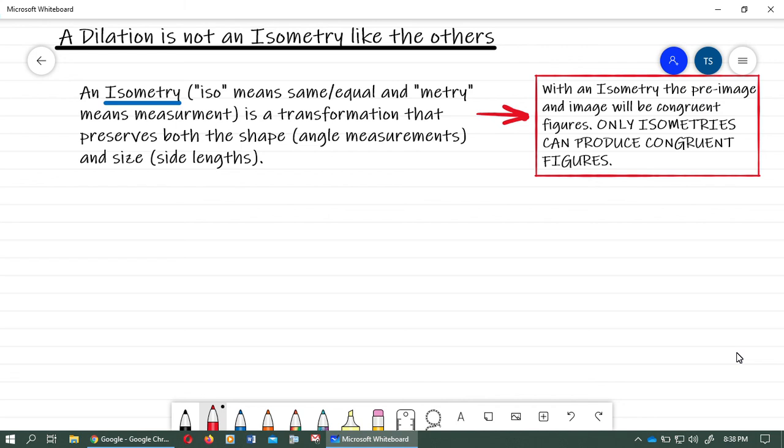So I'm using this opportunity to segue into what's the difference between congruent figures and similar figures. Yes, folks, because an isometry will produce congruent figures, but a dilation will produce similar figures.